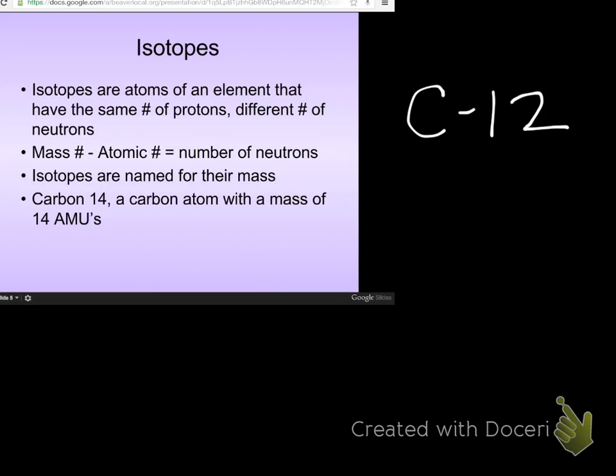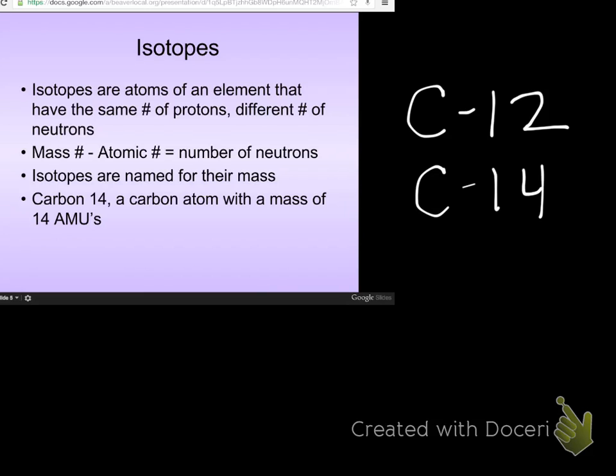We have carbon 14 that has a mass of 14, once again with the inherent creativity and cleverness of chemists and particle physicists. Isotopes are named for their mass. The mass of uranium-238 is 238. Woohoo!